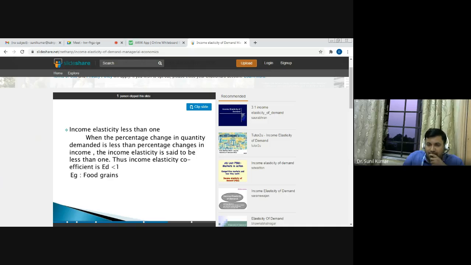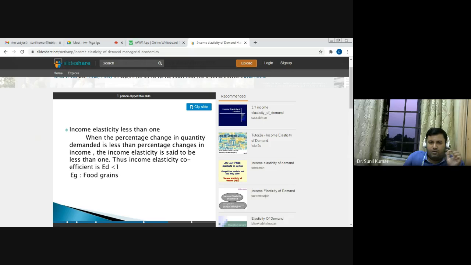income elasticity less than 1. Or we can say low income elasticity.